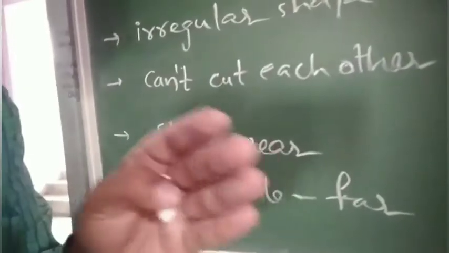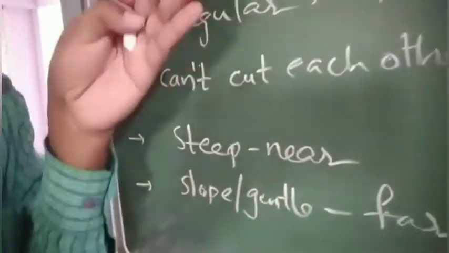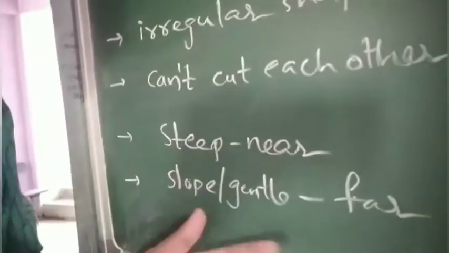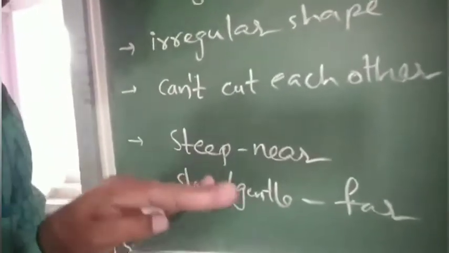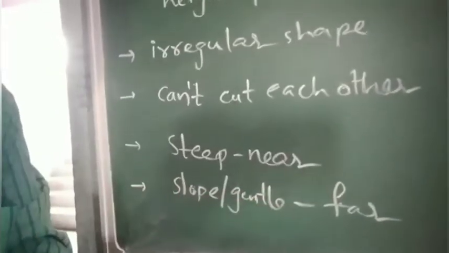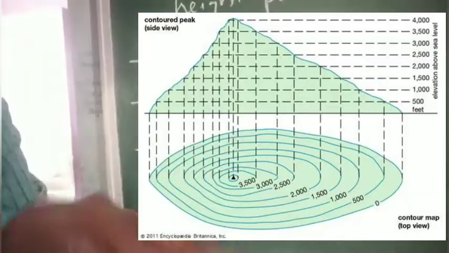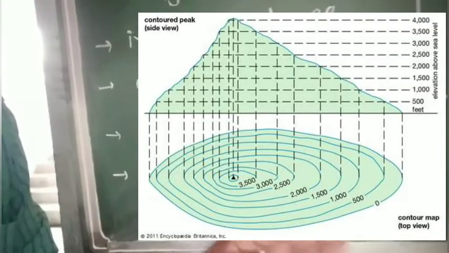On a map, contour lines very near means the land is very steep. If the land has a gentle slope, not very steep, like mountain slopes, then the contour lines are shown far apart.